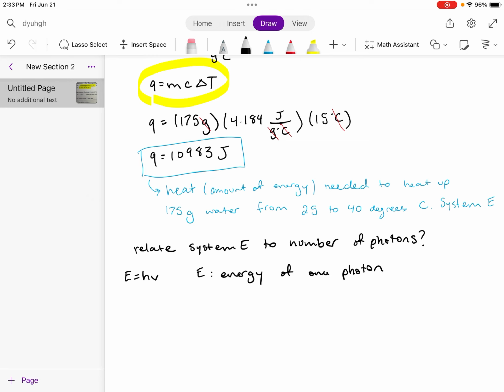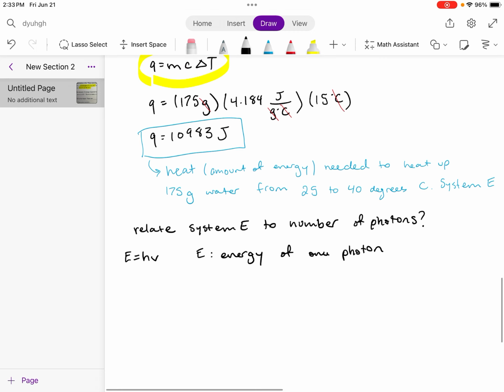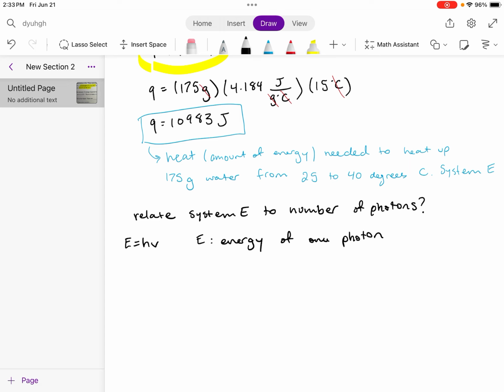Of course the visible light spectrum is just the colors we see, but we can't see UV light, right? Because they all have different wavelengths and different energies. So that equation is nice because we wanted to relate energy to photons, and this equation is literally telling us the energy of a photon.